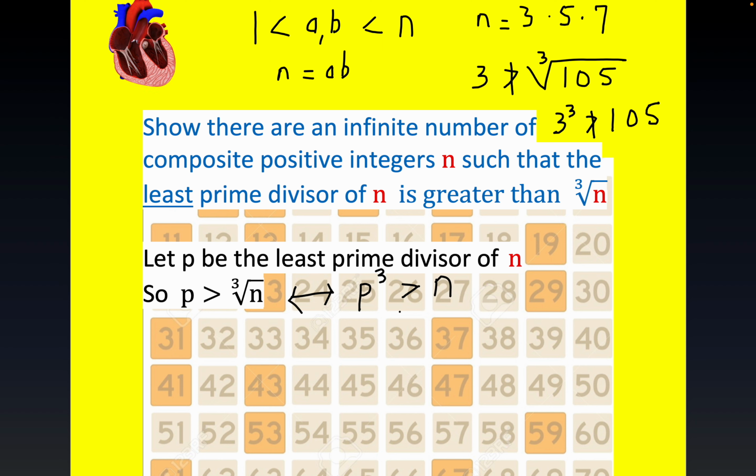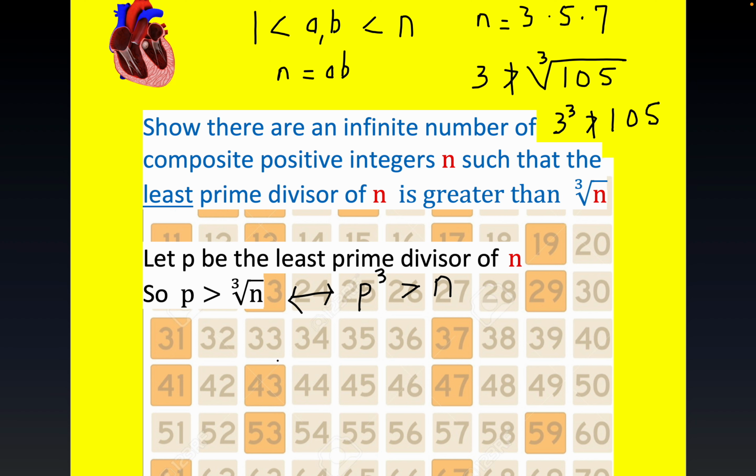So this would have to be true in order for this integer to meet the condition of the problem.